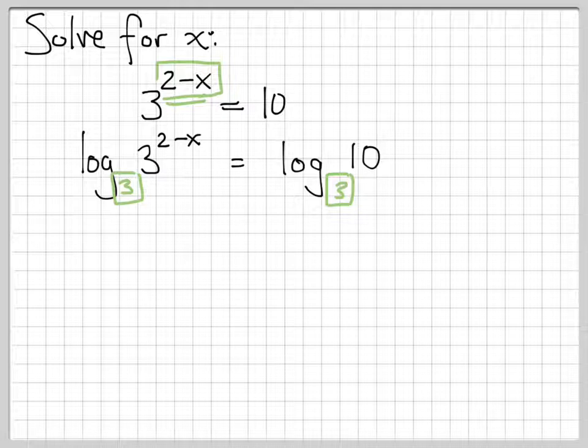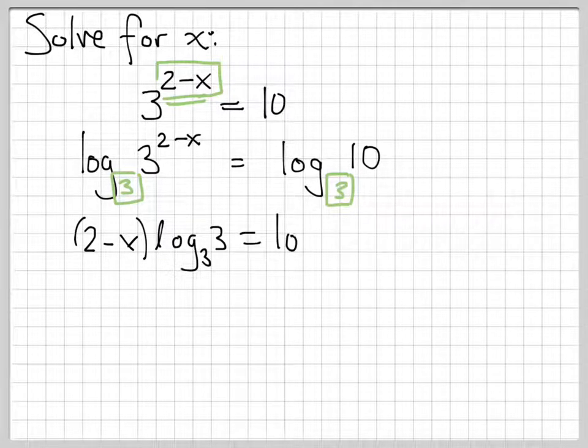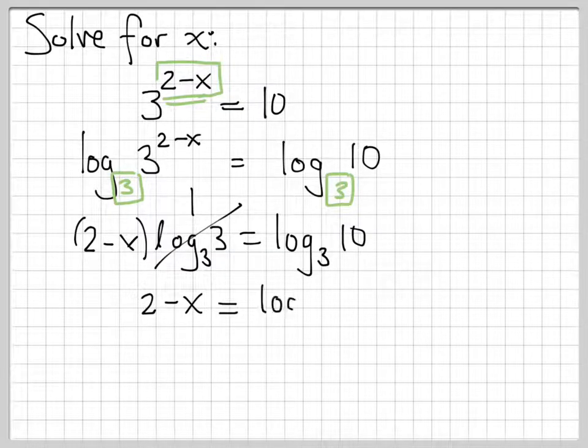And so we get 2 minus x times log 3 of 3 equals log 3 of 10. That is just 1, and so 2 minus x equals log 3 of 10.